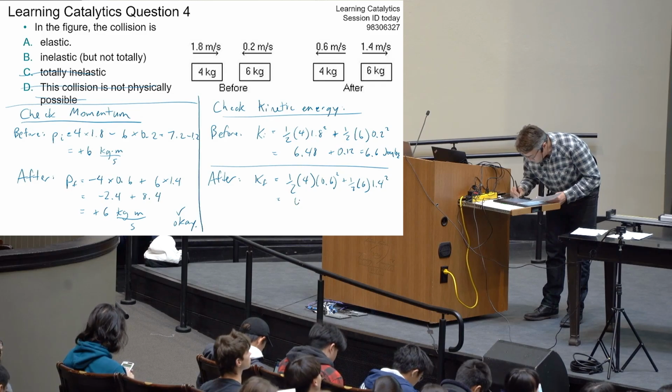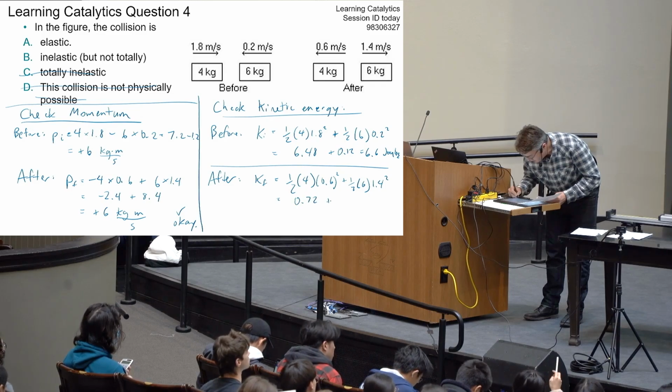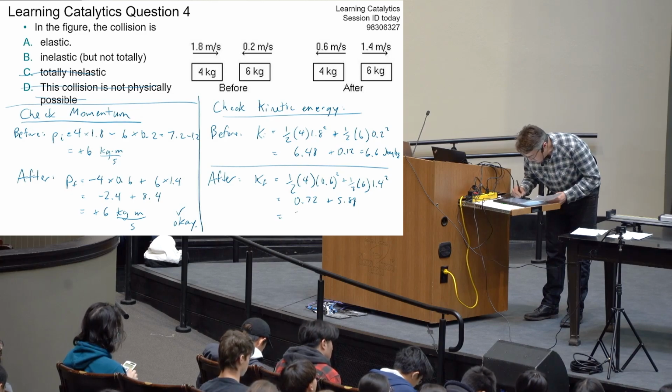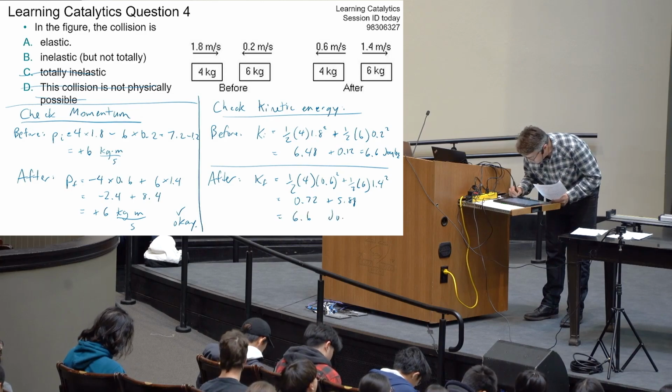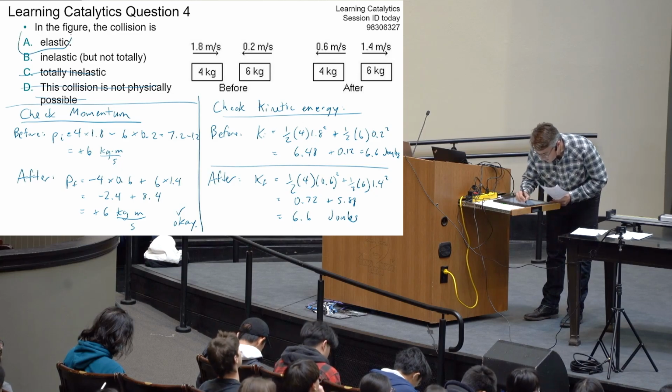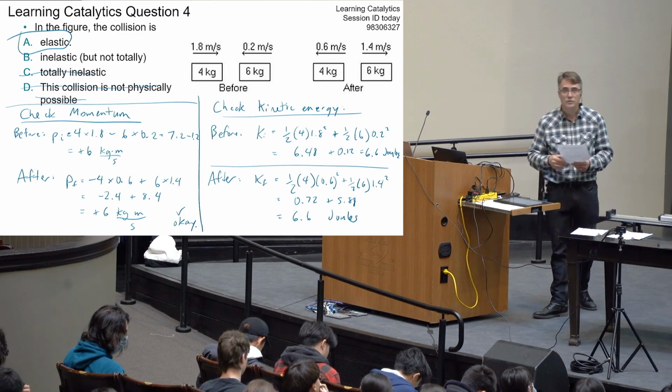So that one was 0.72 joules plus, yeah, so there you go, 5.88 joules. And I got exactly 6.6 joules. So that's an elastic collision. So good.